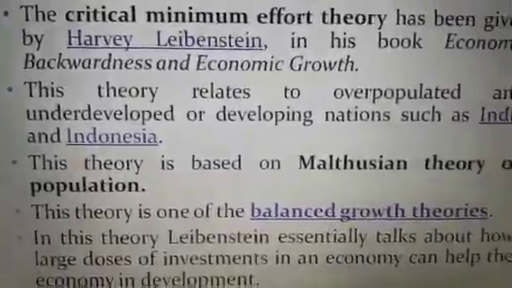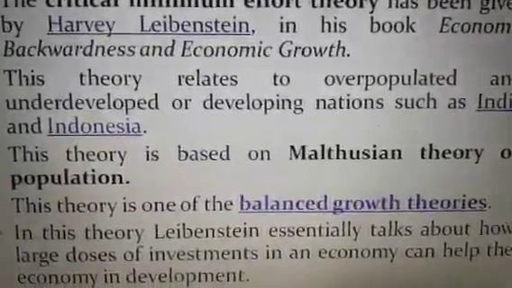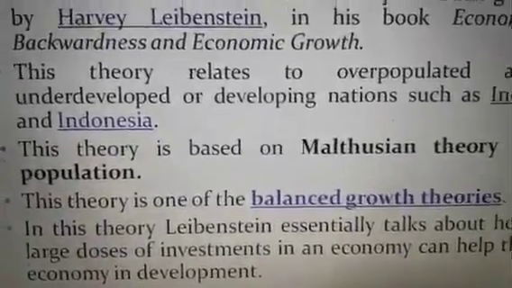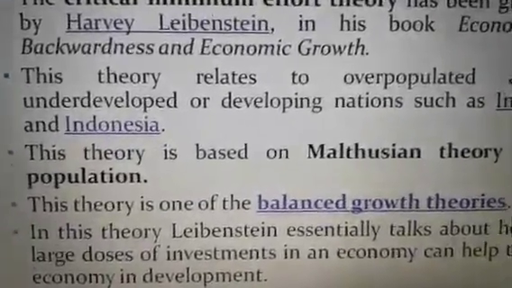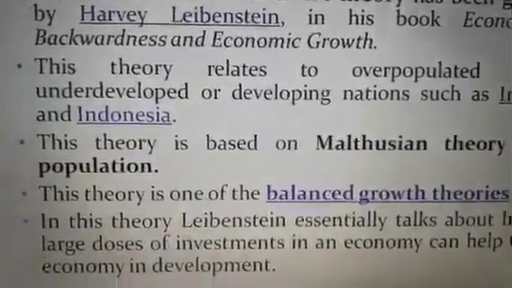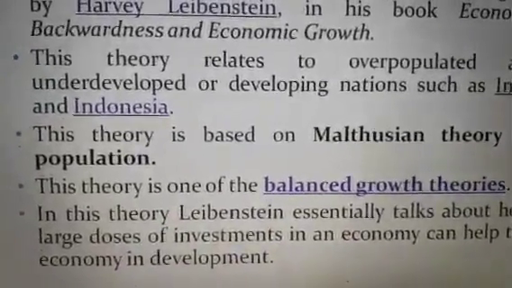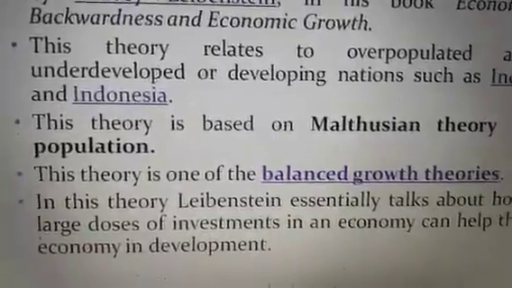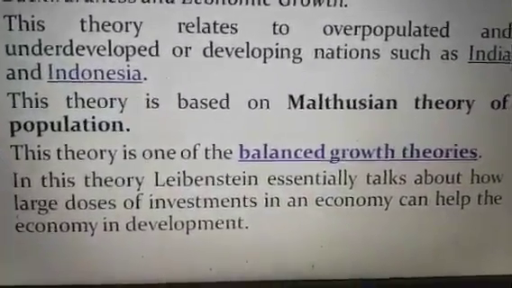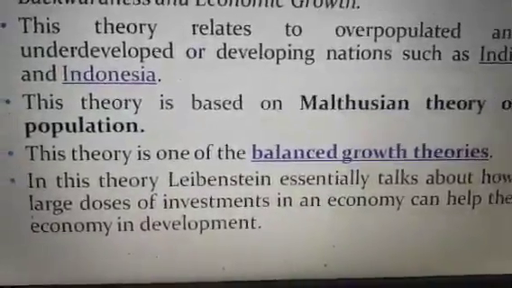And the theory is based on the Malthusian theory of population. Again, I am repeating, many theories still have a Malthusian background. Even Leibenstein also recognized the Malthusian theory of population. And this theory is one of the balanced growth theories.